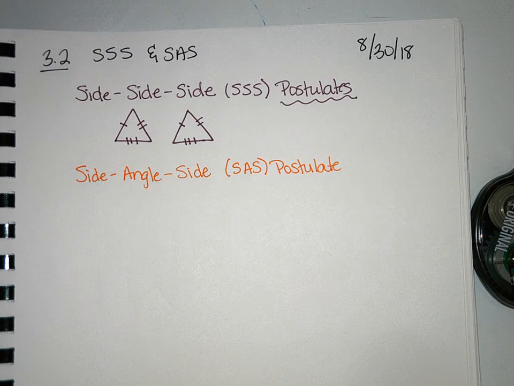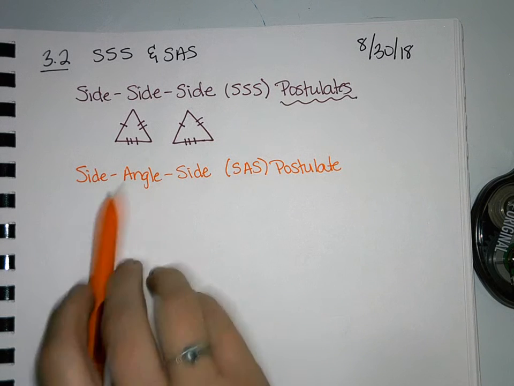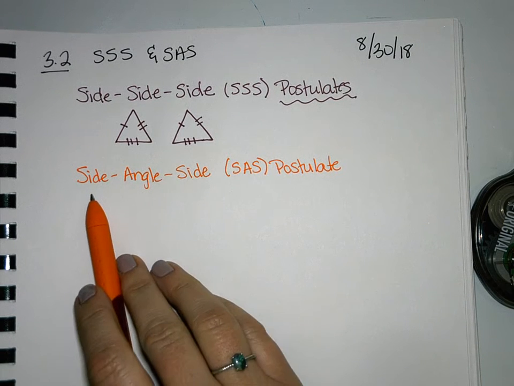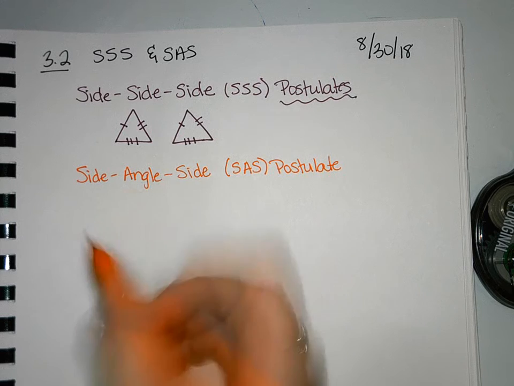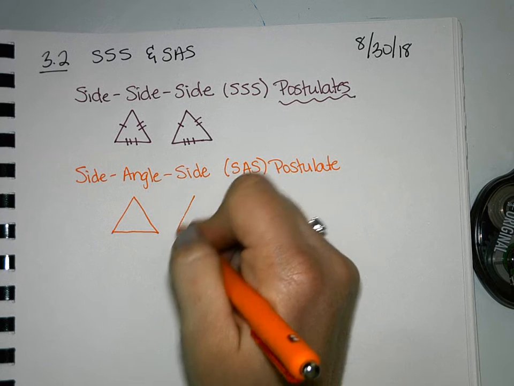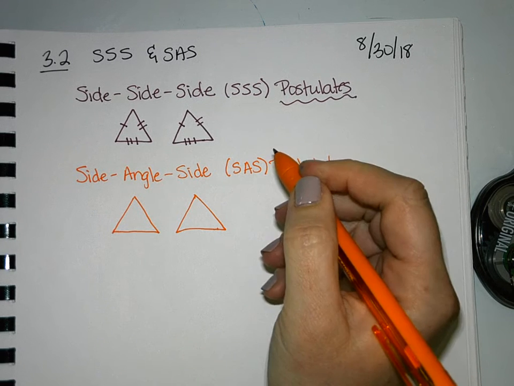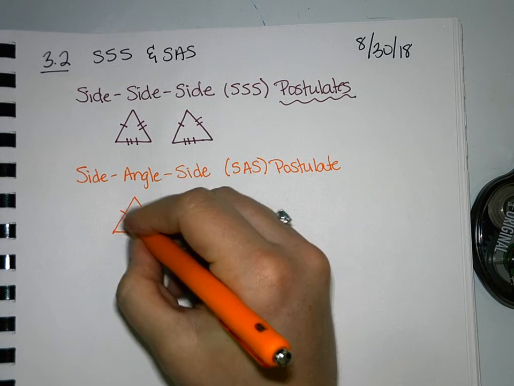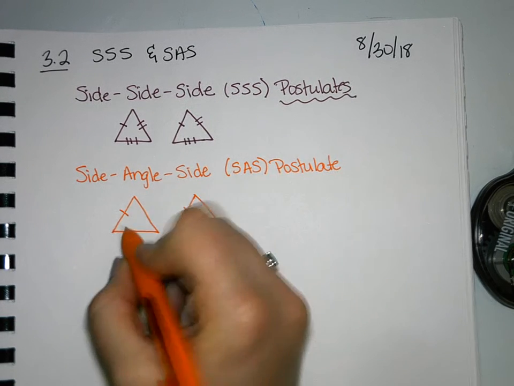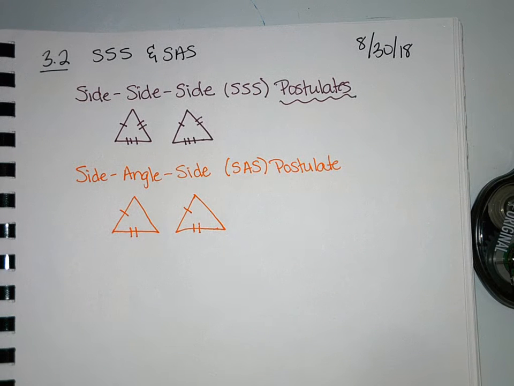Gotcha. Okay, so side, angle, side. So in looking at the name, the name tells us exactly what we're looking for in the triangle. So we're looking for a side, another side, and then where does the angle have to be?